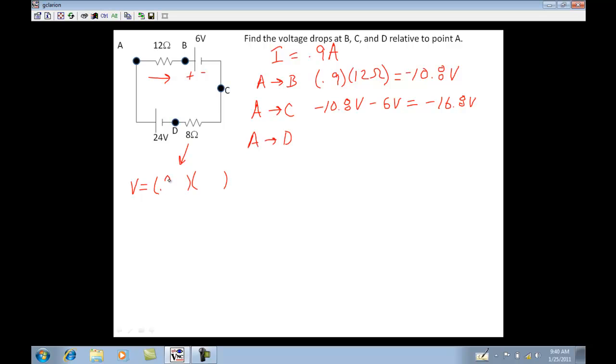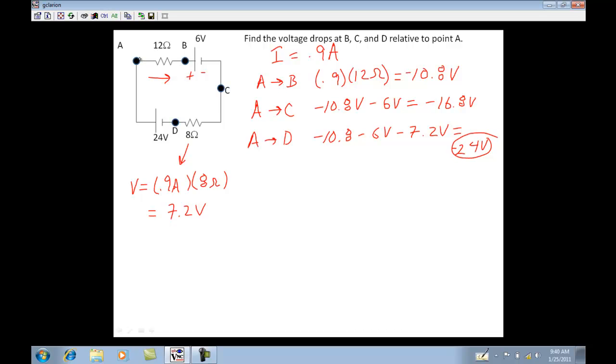It'd be 0.9 amps times 8 ohms, and that's 7.2 volts of a drop. So I went from negative 10.8 minus the 6 volts, and subtracting 7.2 should give me negative 24.